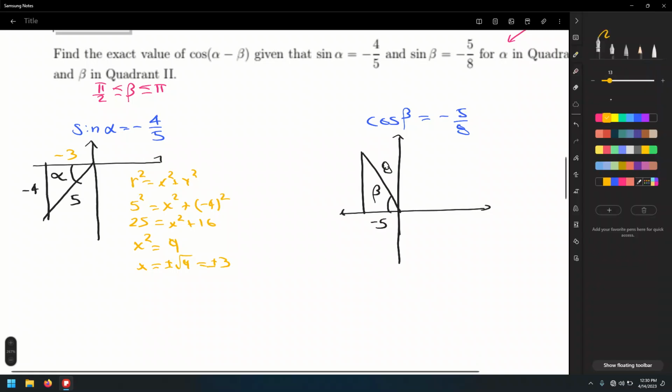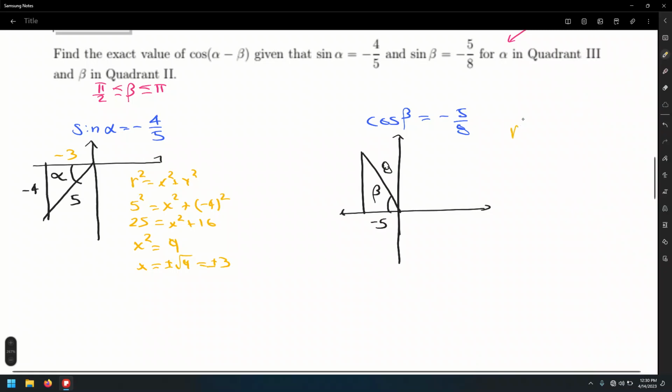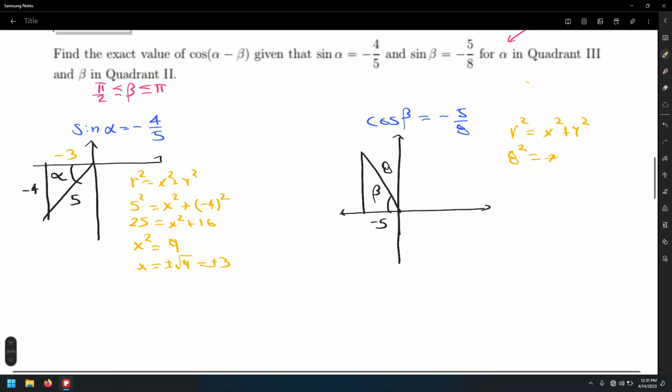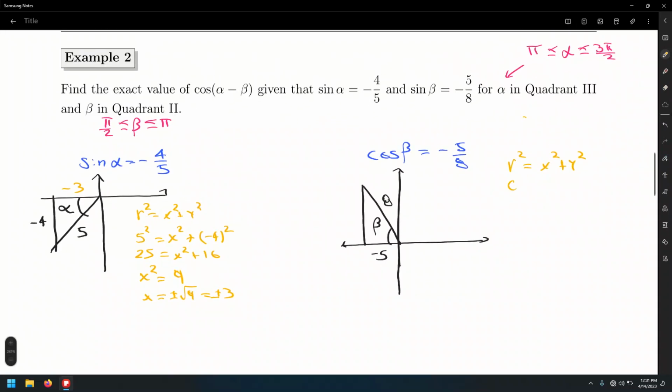So we're going to use again the Pythagorean theorem. That is r squared equals x squared plus y squared. And r, which is given, is 8, so 8 squared equals -5 squared plus y squared.